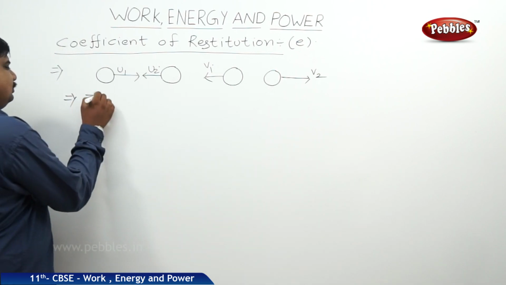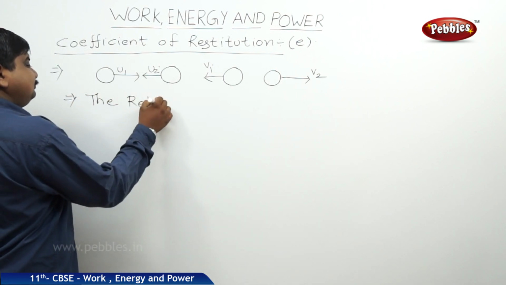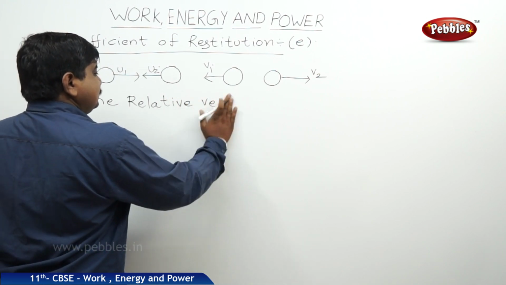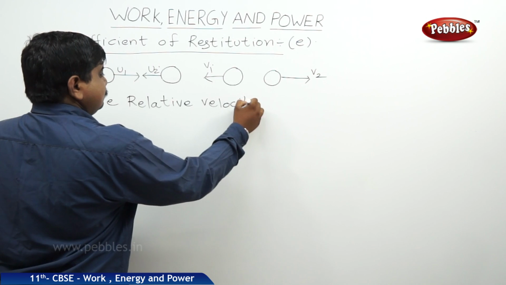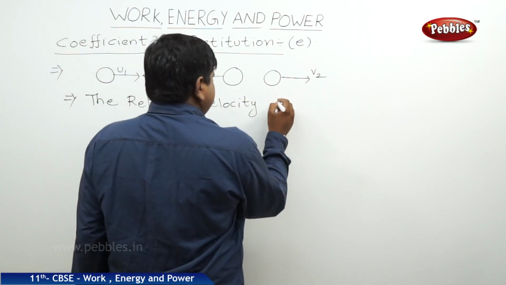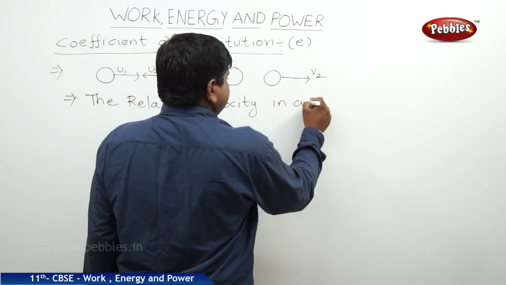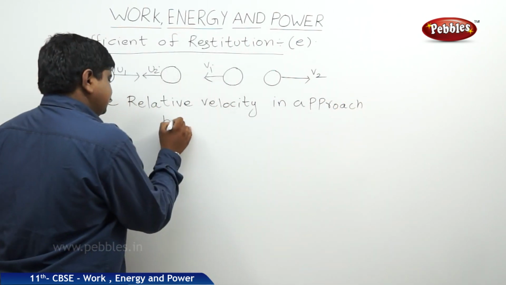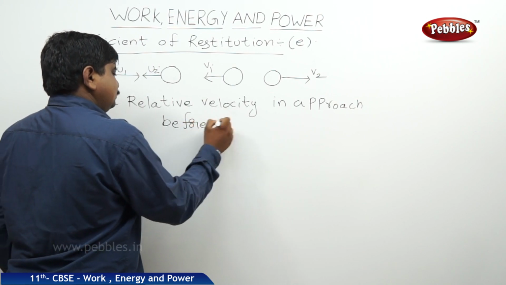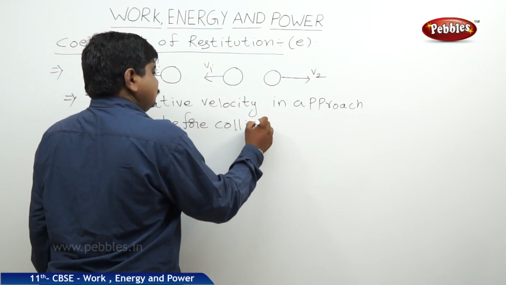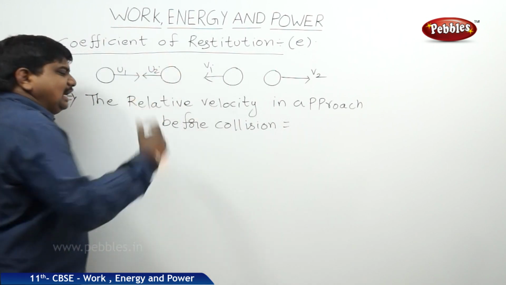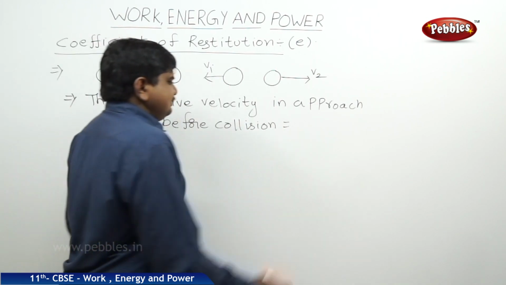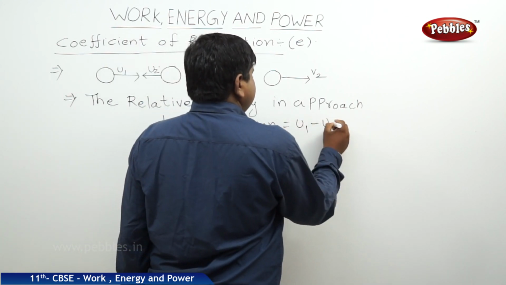So, the relative velocity in approach, before collision, means these two bodies are approaching each other with velocities u1 and u2. The relative velocity is simply u1 minus u2.